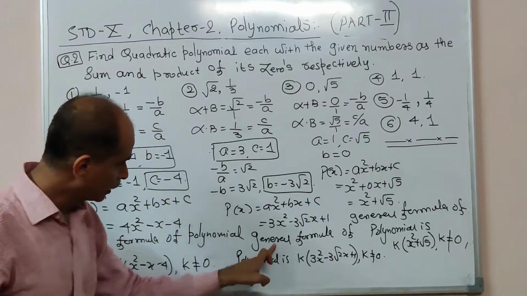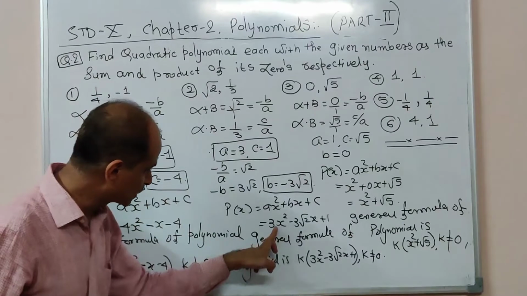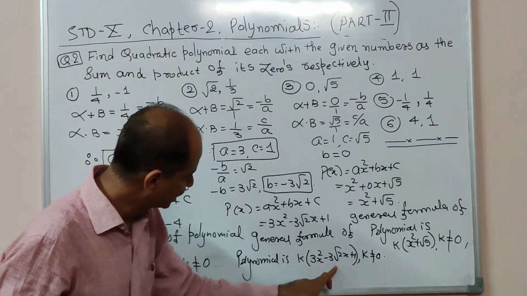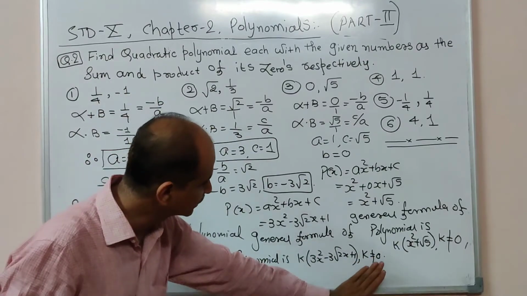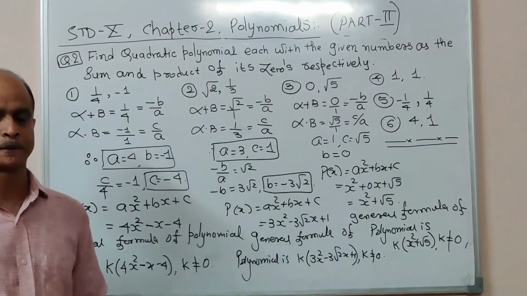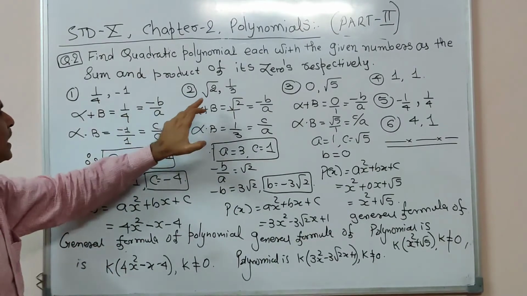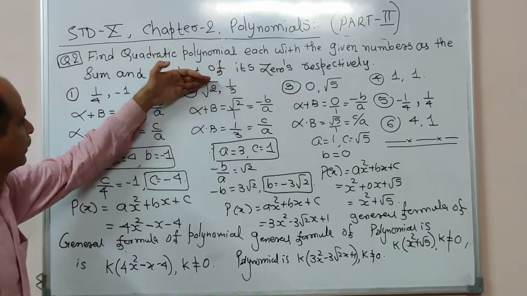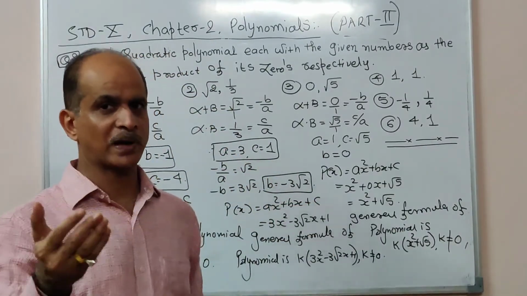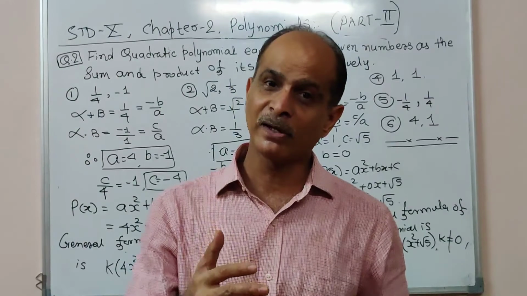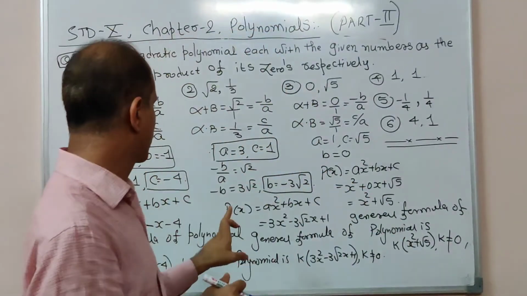So the general form of the polynomial is k times 3x square minus 3 root 2 x plus 1, where k is not equal to 0. So in this example, alpha plus beta and alpha into beta are given to you. Your aim is to find a, b, c, and from the values of a, b, c you can easily find the quadratic polynomial.